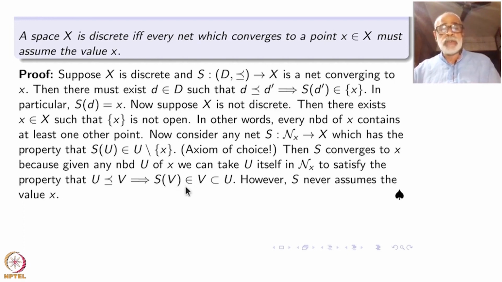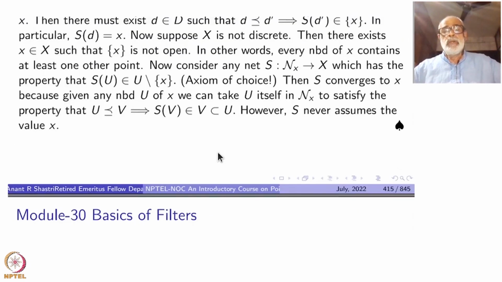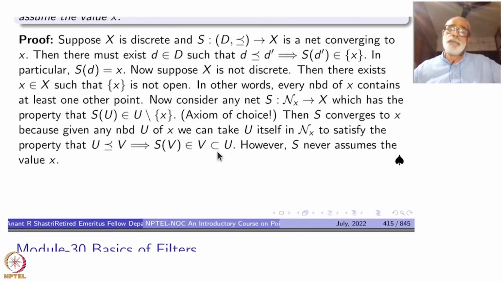Because by choice, but V is inside U, so S(V) will be inside U. So this net does converge to x. However, we have seen that it never assumes the value x because it is always inside U minus {x} for some U, all the time.